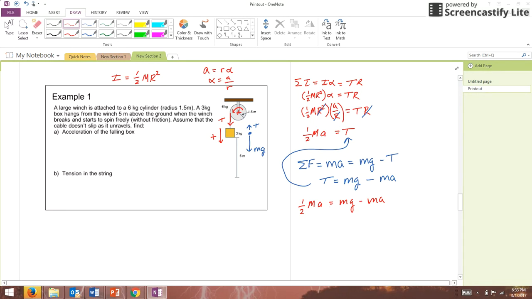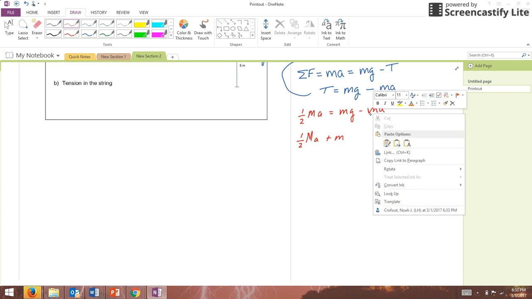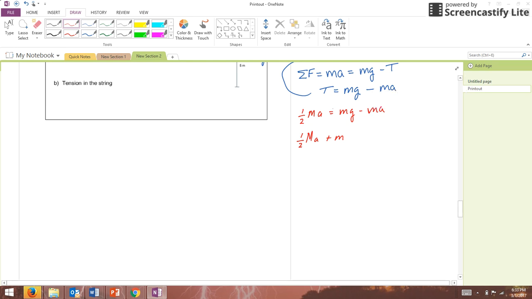Now, again, we're solving for a's, so we need to get a's on one side of the equation. So it's going to be 1/2 Ma plus ma. Oh, one thing I should note, this is a capital M, and these are lowercase m's over here, because these are the masses of blocks. This is the mass of the cylinder. So that's going to give us 1/2 Ma plus ma equals mg.